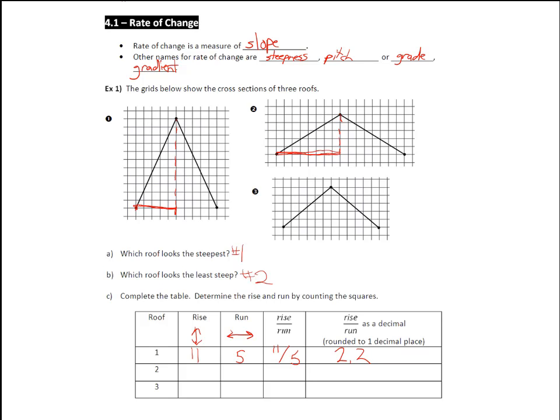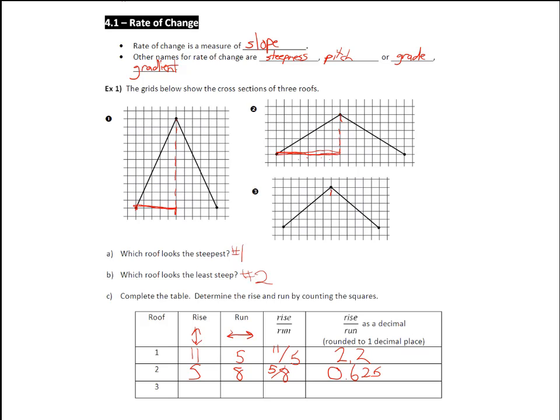You count the number of squares from the top point all the way down to the bottom. You should have 5. Our run, along the solid line, I see 1, 2, 3, 4, 5, 6, 7, 8. So it should be 8. Our rise over run is 5 over 8. As a decimal, this should be 0.625.